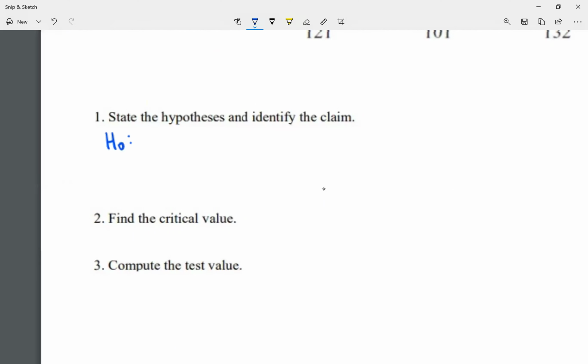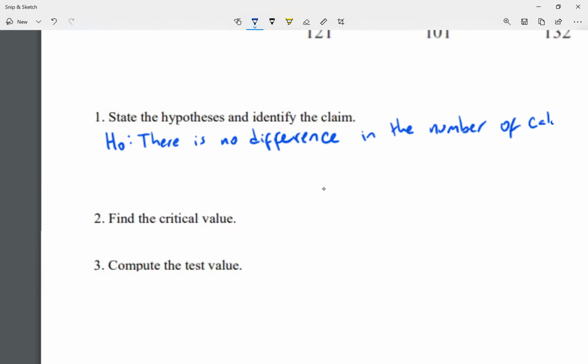So I'm going to say the null hypothesis: there is no difference in the number of calories.